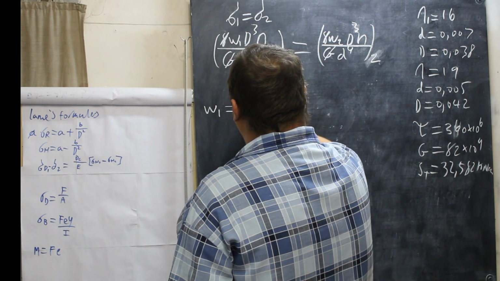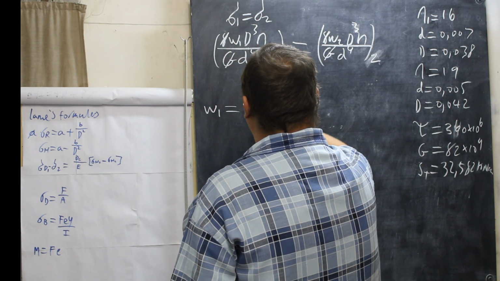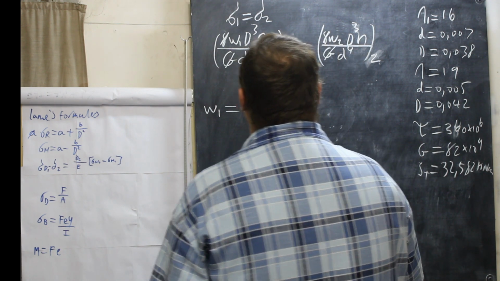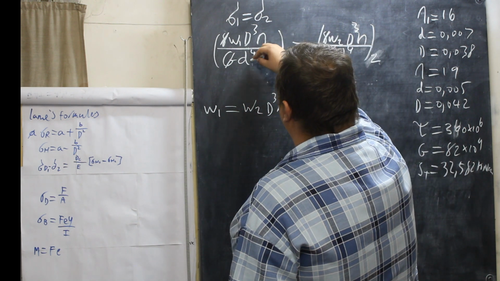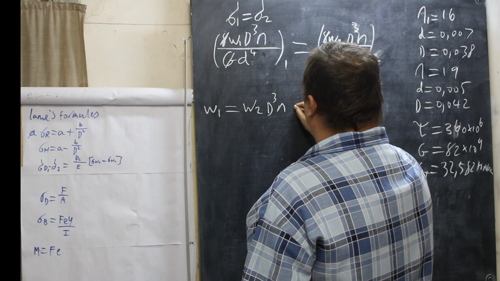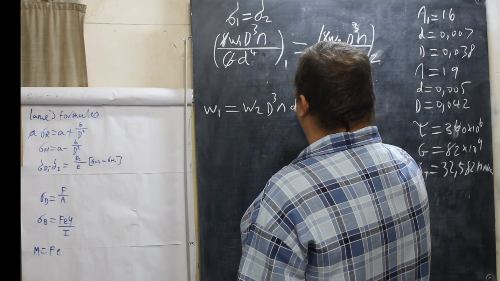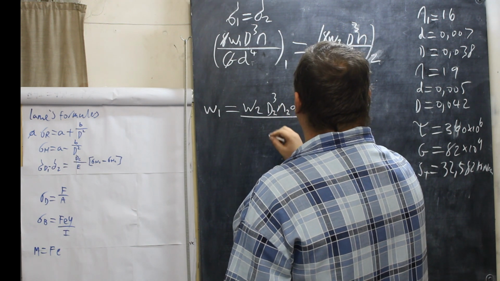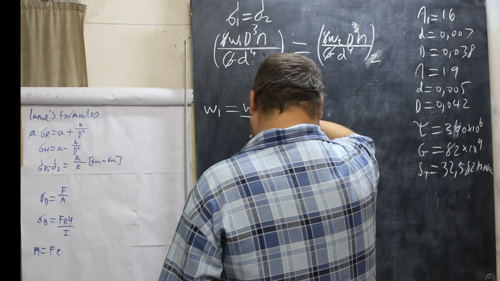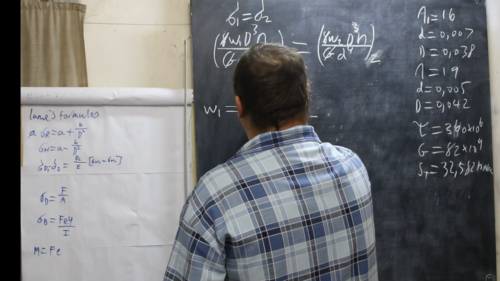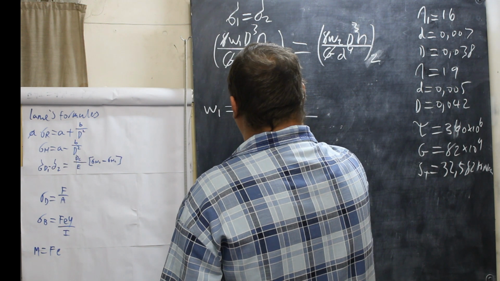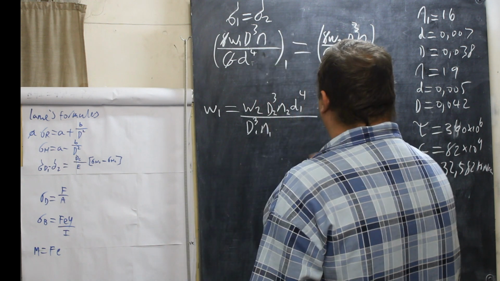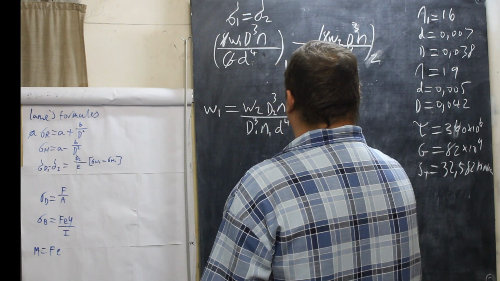So we have W2, d to the power 3 n times d to the power 4. This is all 1. That's 2. That's 2. Now over d to the 3 n to the 1 and d to the power 4.